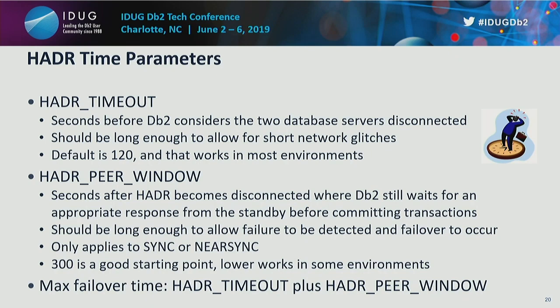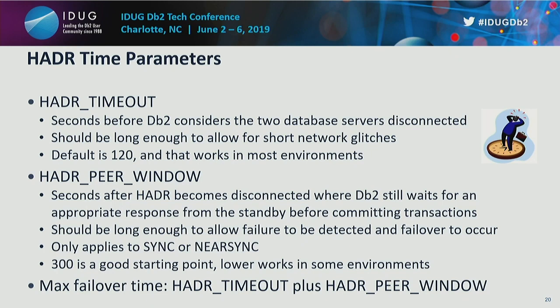Now, HADR peer window is much more related to automatic failover. If you're going to be dealing with automatic failover, this is something that you have to be aware of. This is the number of seconds after HADR becomes disconnected. It doesn't even kick in until after HADR timeout in some cases, where DB2 still waits for an appropriate response from the standby before committing the transactions.